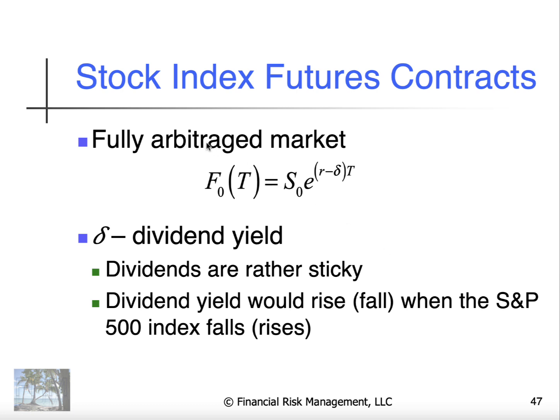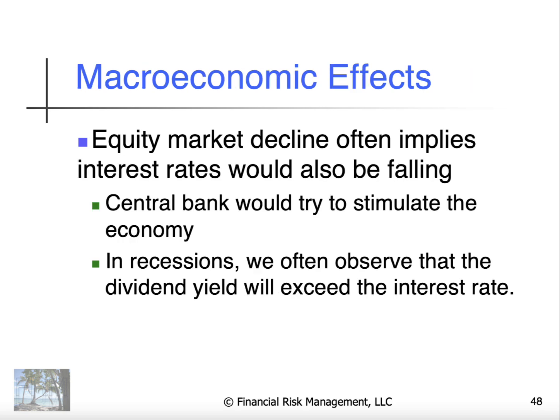And so the pattern of the relationship between the futures price and the spot price, interestingly, when the spot price falls dramatically, we observe that because the dividend yield goes way up, the futures price is below the spot, and some people think that that's signaling even further declines in the prices, and it does not.